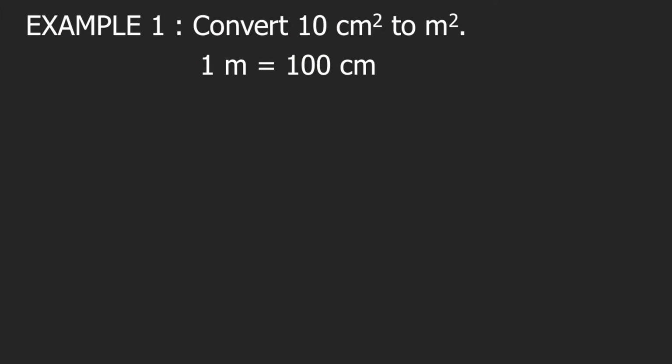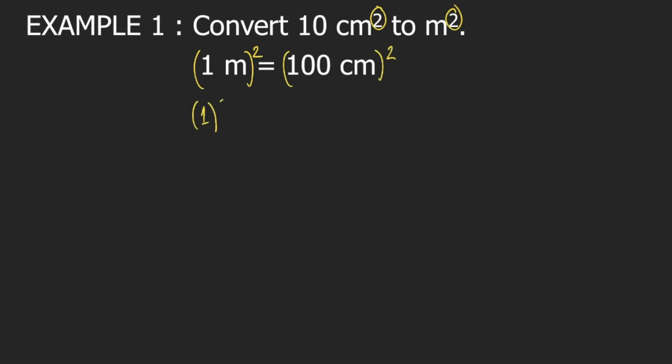Example 1. Convert 10 centimeters square to meters square given that 1 meter is equal to 100 centimeters. So the exponent is 2. Therefore, we will square both sides of this equality.